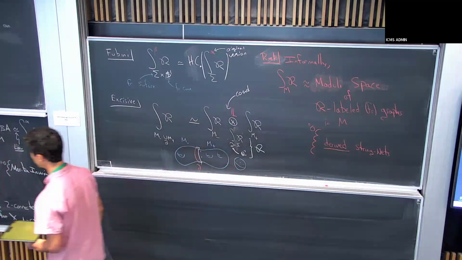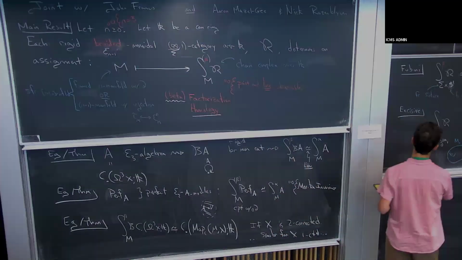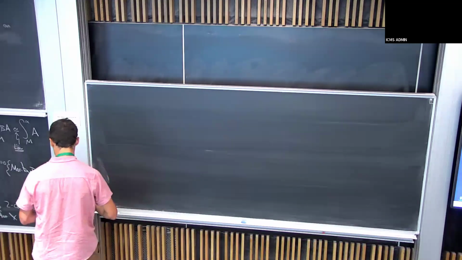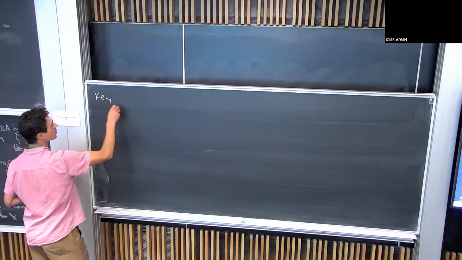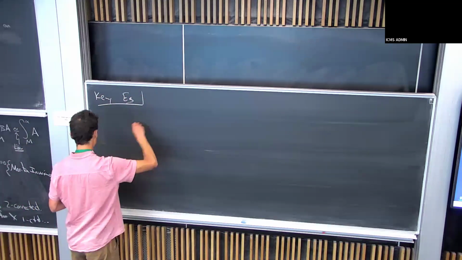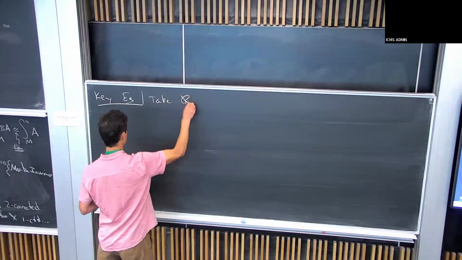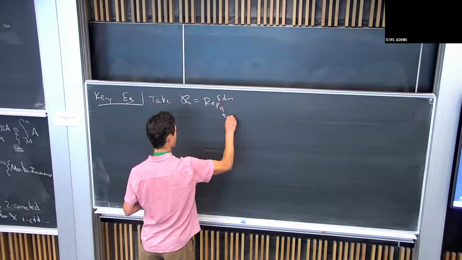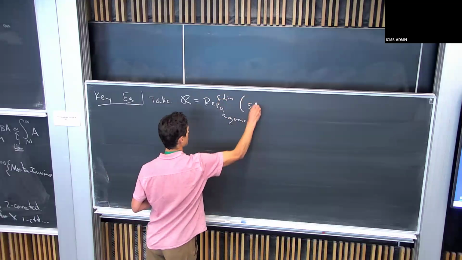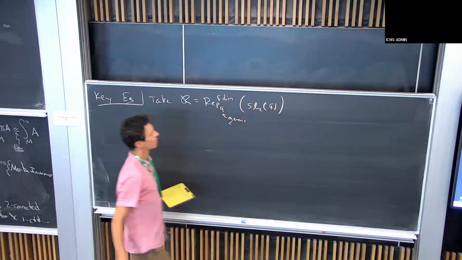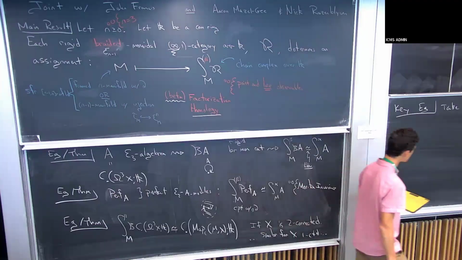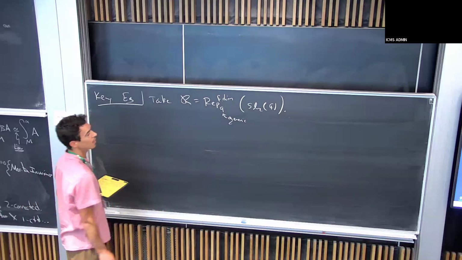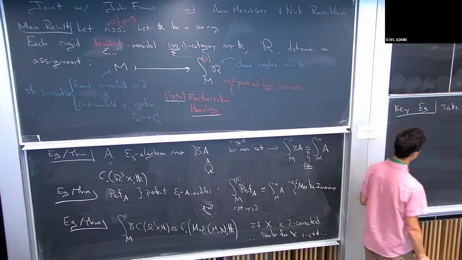Now, the key example, of greatest interest for us: one can take the input to be Rep finite-dimensional of, say, SL2C. Take it to be any quasi-triangular Hopf algebra. This has a braided monoidal structure, Drinfeld, I think 40 years ago.